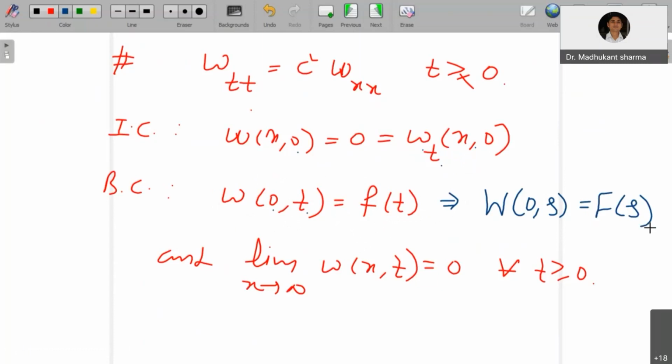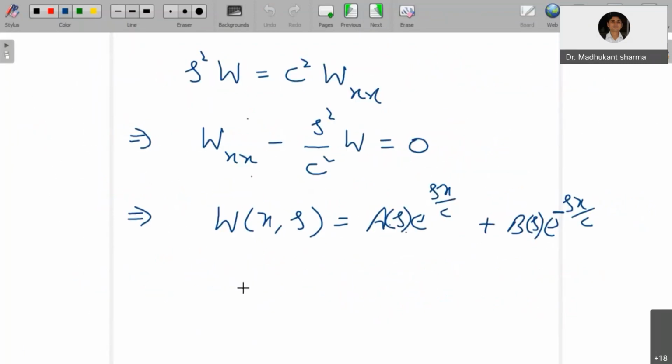So this certainly implies W of 0 comma s is the Laplace transform of f, which is F of s. And w of x comma 0 is 0, so the Laplace transform of w of x comma 0 is 0. So what you will have here is, W of x comma 0 is 0 implies what?